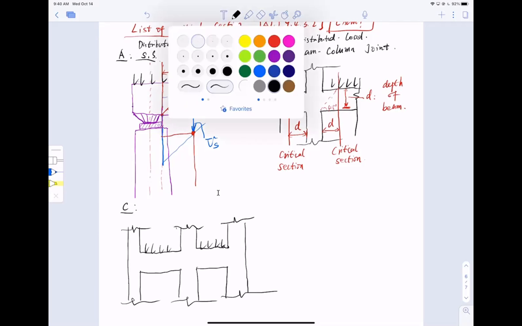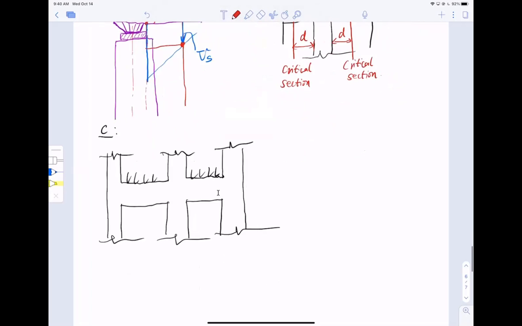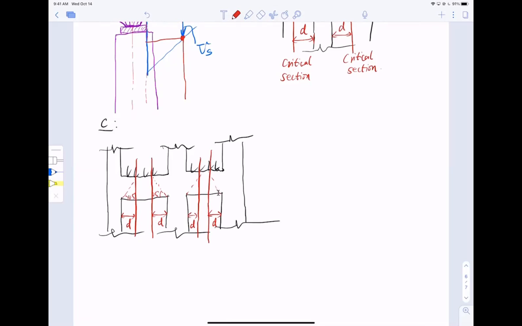So the 45-degree angle goes from here, 45 degrees here, and 45 here, 45 here. So critical section here, here, here. So this is d, this is d, this is d, and this is d. Critical sections right here.